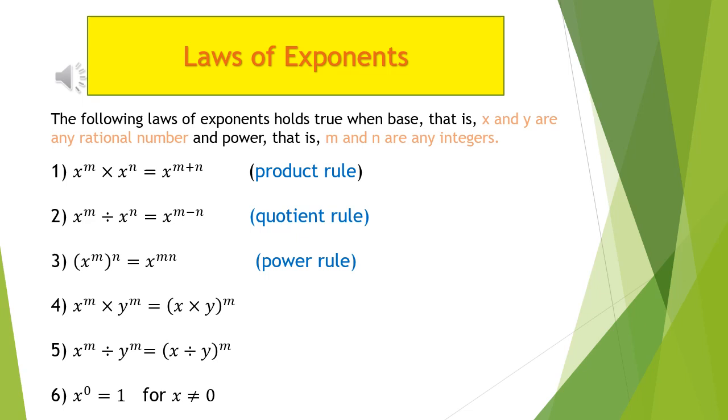So your right hand side is x raised to the power m minus n. Now come to the third rule. The third rule is the power rule. If you have a number like x raised to the power m and the whole power is n, then what will you do?